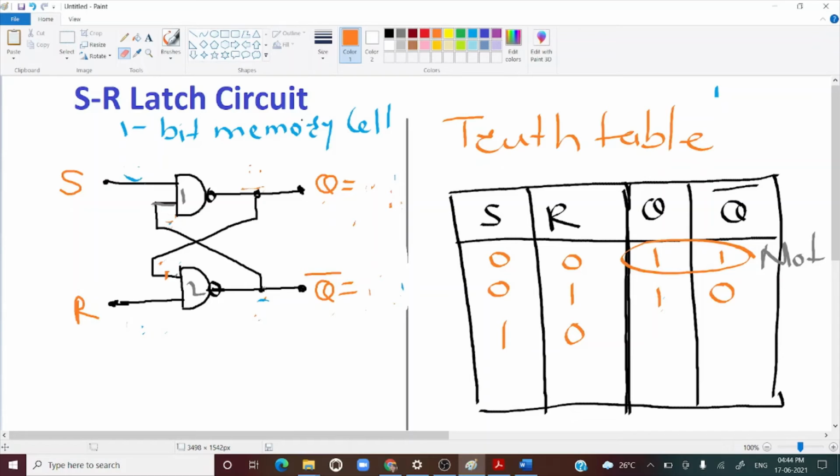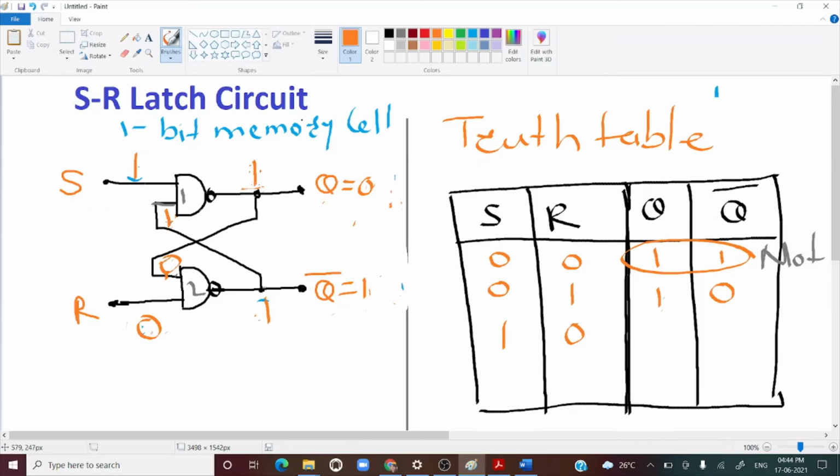So here S is 1 and R is 0. And here also we need to assume some previous condition. Initially we assume that Q is 0 and Q bar is 1. Okay, so this is 0, this 0 goes here, and now 0 dot 0 will be 1. This is also 1, this 1 goes here, and this 1 dot 1 will be 1.